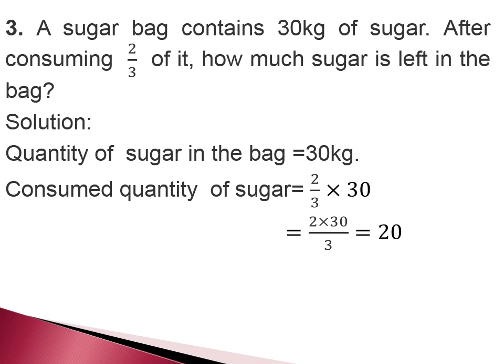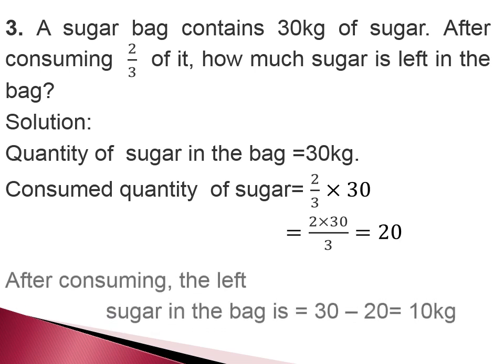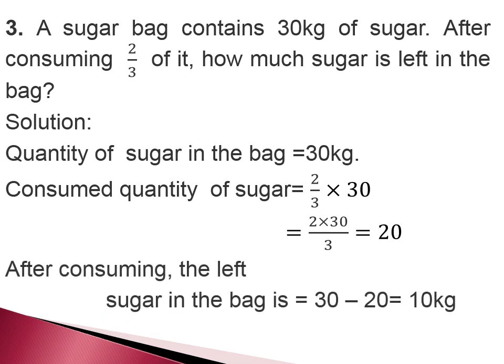How much sugar is left? So the remaining quantity is asked. So the next step, after consuming, the sugar left in the bag is 30 minus 20 equals 10 kg. Here I want to remind the point: 2/3 of it, of means multiplication. Again we are applying the same rule, only the multiplication rule.